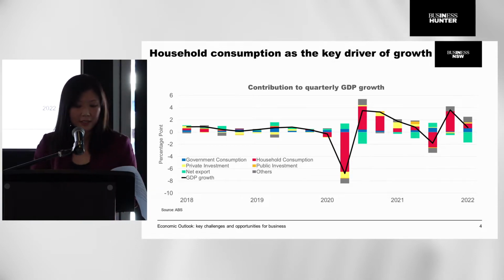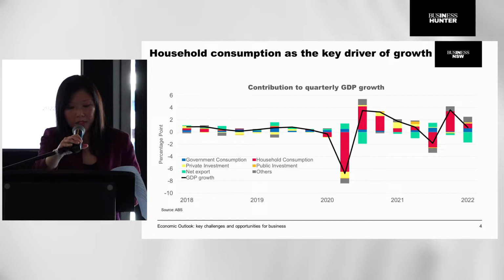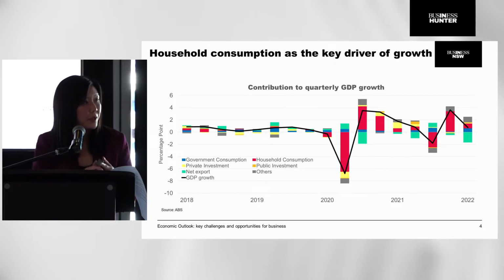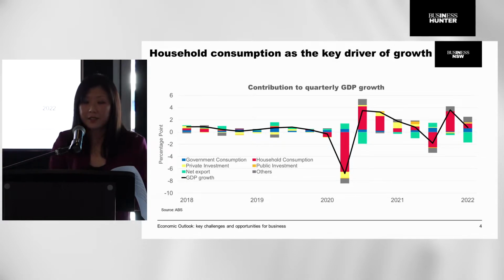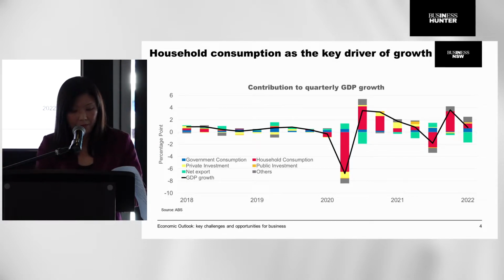To better understand the performance of our economy, this chart shows you the breakdown of the different components that contribute to economic growth. The key components are household consumption, government expenditure, public investment, private investment, and net exports. Bear in mind that these components don't have an equal share of GDP.